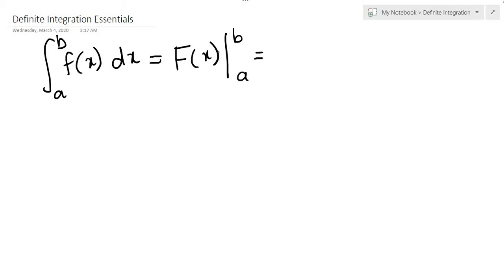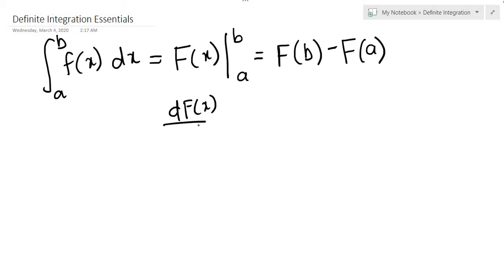So how to evaluate this is basically plugging the upper bound in the place of x and then subtracting the plugged-in value of the lower bound. And a primitive function is basically one whose derivative equals the original function.